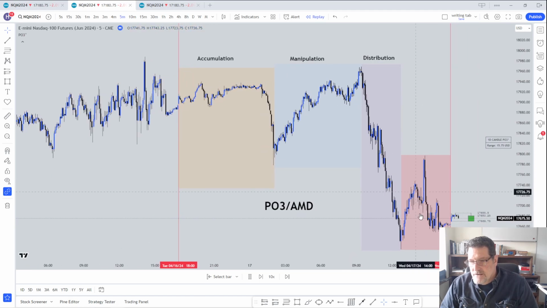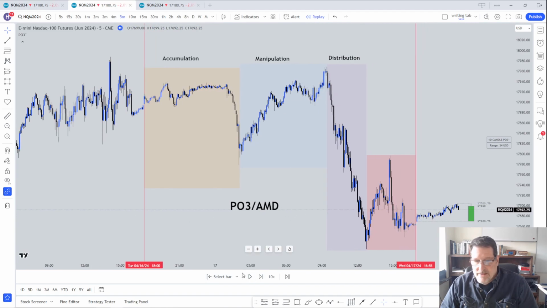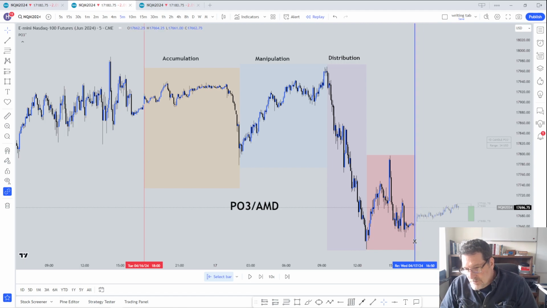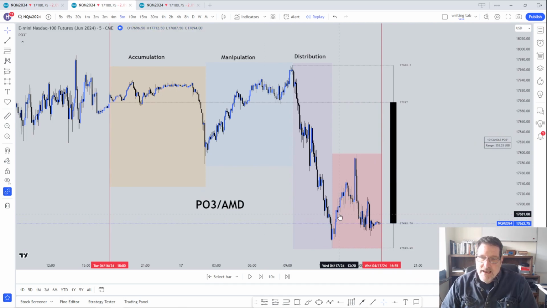Then it accumulates a little bit more, and then we have a little bit of a retracement to end the day out. So we have accumulation, manipulation, distribution, and then retracement.